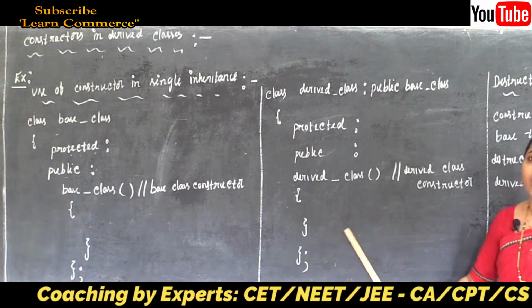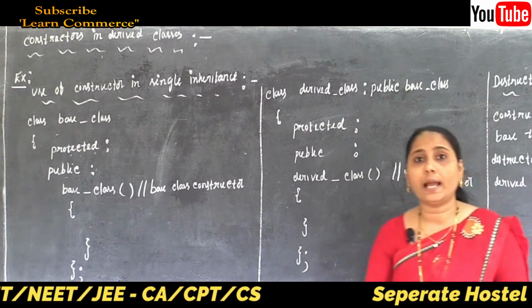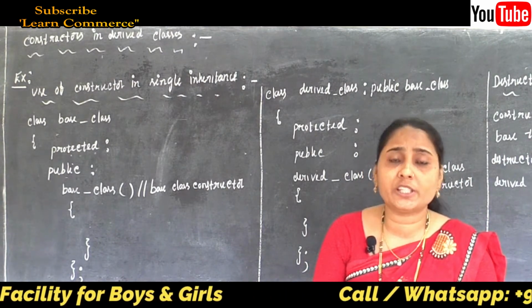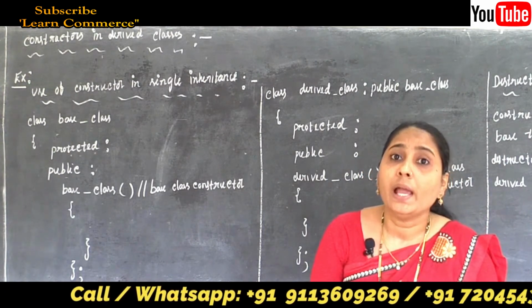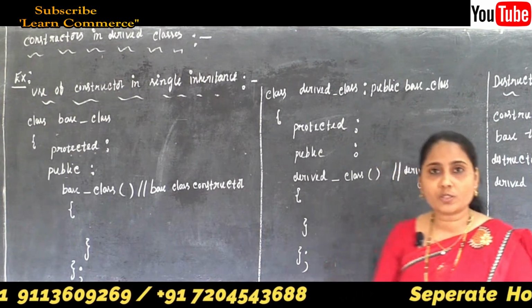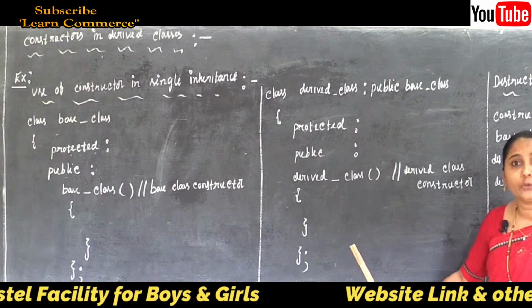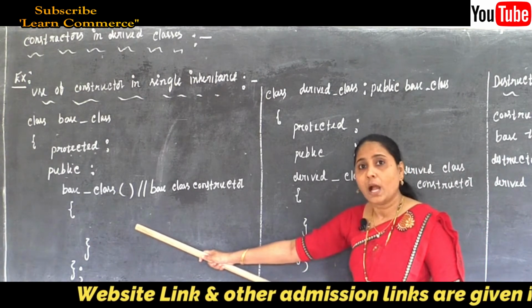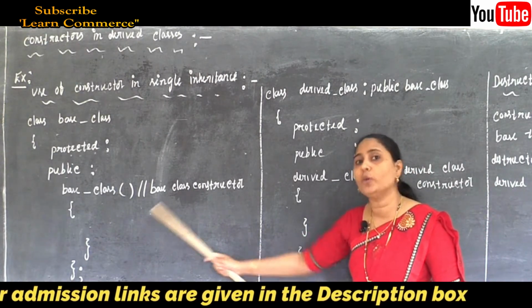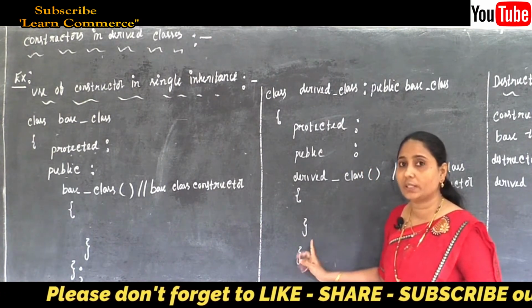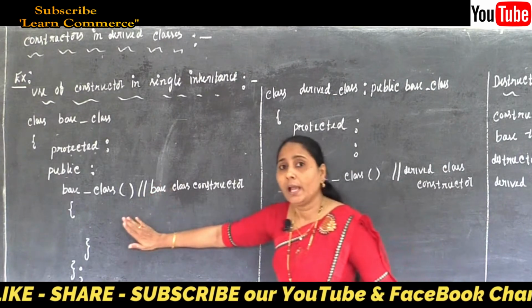Clear this point here? And simply we can say that the derived class has a responsibility. What is the responsibility of the derived class? It is the responsibility of the derived class to supply the initial values to its base classes. How is it going to supply the initial values? Because the object is created using the derived class, not the base class.